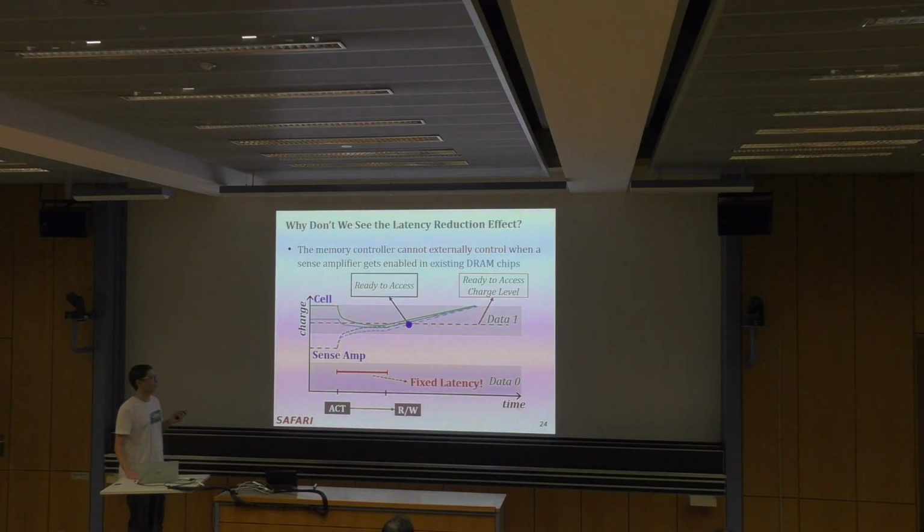Even if you have a high amount of charge to start with, you have to wait until this point. Even though you may be ready to complete charge sharing earlier, you cannot exploit it because you cannot play with this timing parameter. Is that clear? I hope so.